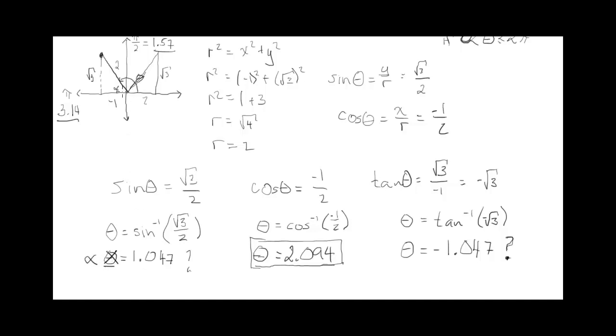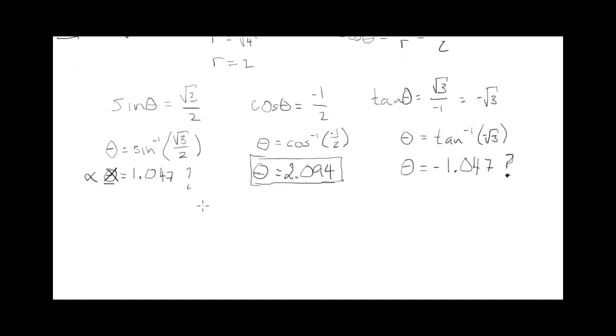And you have to know from your picture that you have to go back now and figure out what was the true answer. What's the value of theta? And the way you would get theta is you would have to say, okay, I need pi minus alpha to give me theta.